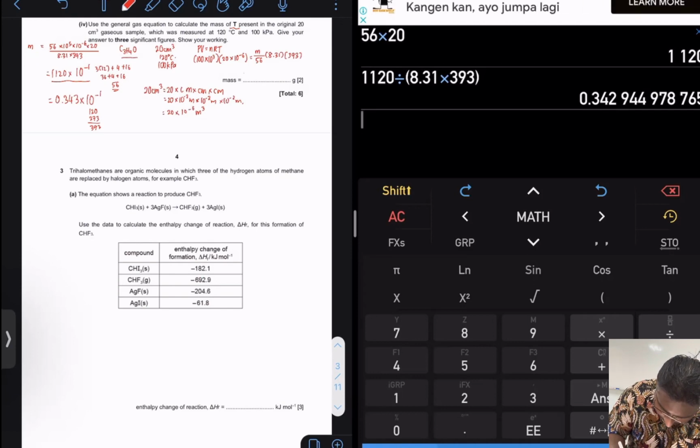So I can just write down as 3.43 times 10 negative 2.